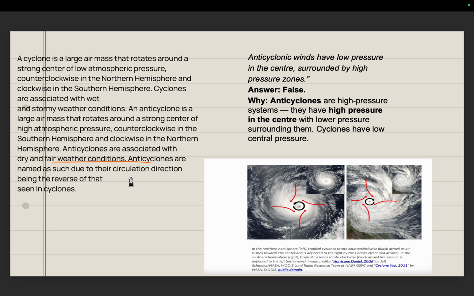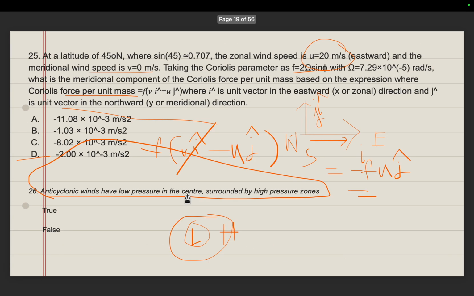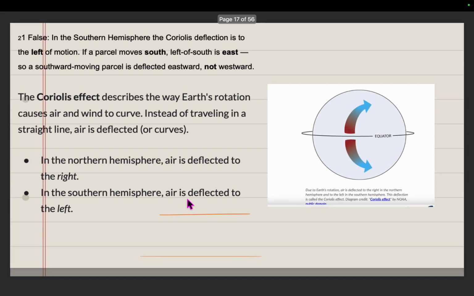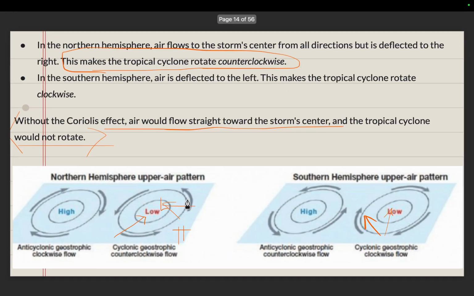Cyclones are named due to their circulation direction. Cyclones and anticyclones have reverse movement direction. You can see in this previous plot, here in the northern hemisphere, cyclones move anti-clockwise, but anticyclones move clockwise.